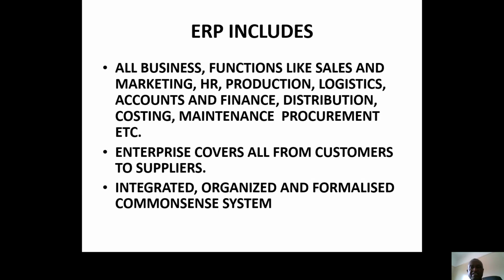And ERP includes, as we've already said, some of the departments I've given, and these are the additional departments which you can include. But what is more interesting is that it also covers customers and suppliers. It's an integrated, organized, formalized, common-sense system. You can define it like that.